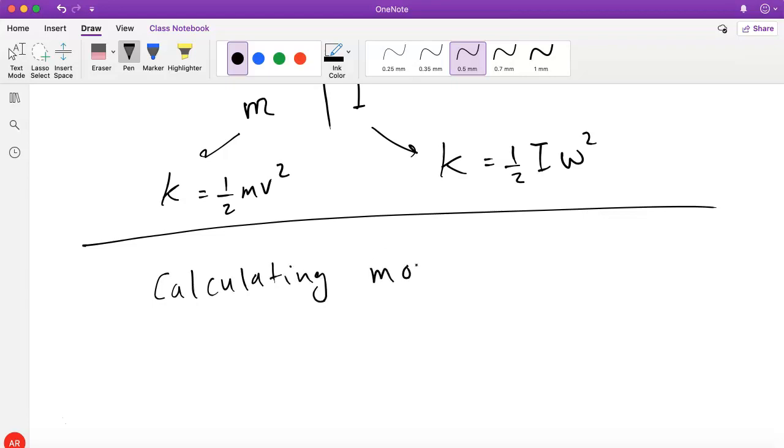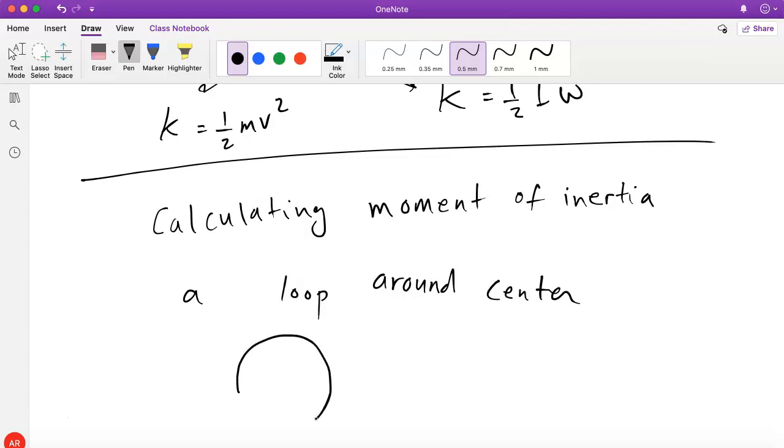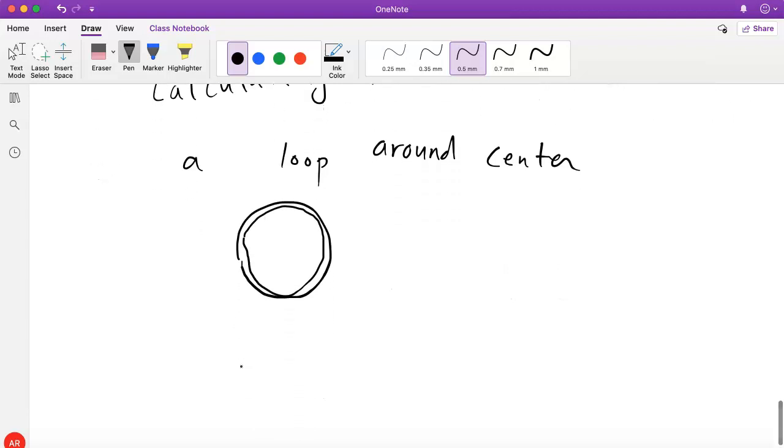Calculating the moment of inertia. All right, so the first example is extremely simple. Let's say a loop around its center.